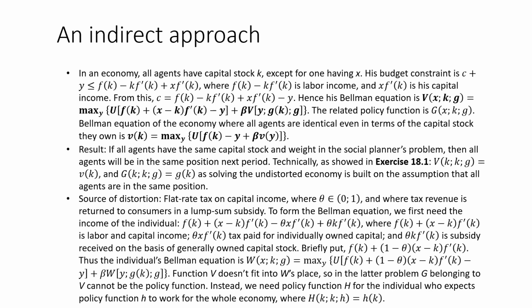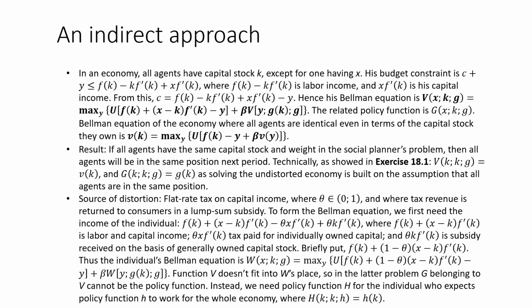You can see in the second half of this Bellman equation that everything goes like clockwork. So in the next period, the agent is going to have capital stock Y. Other agents are going to have the capital stock according to the policy function, and there is no change in the expected policy function.